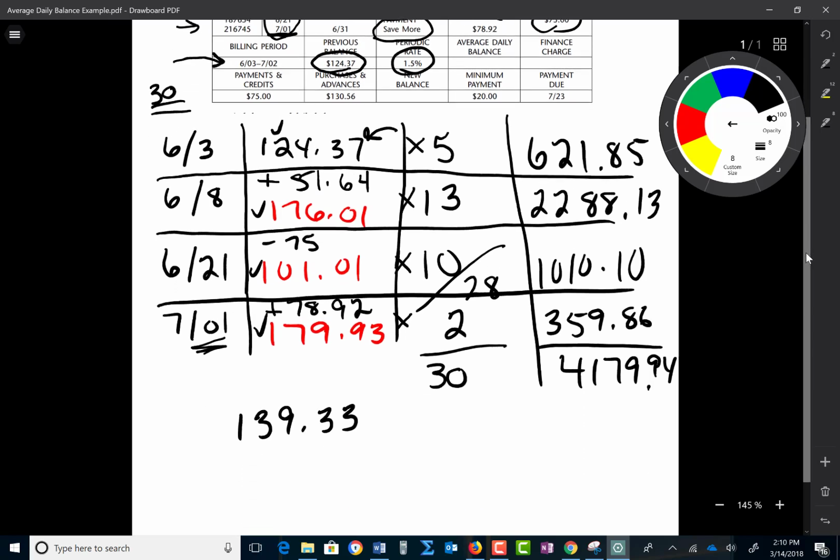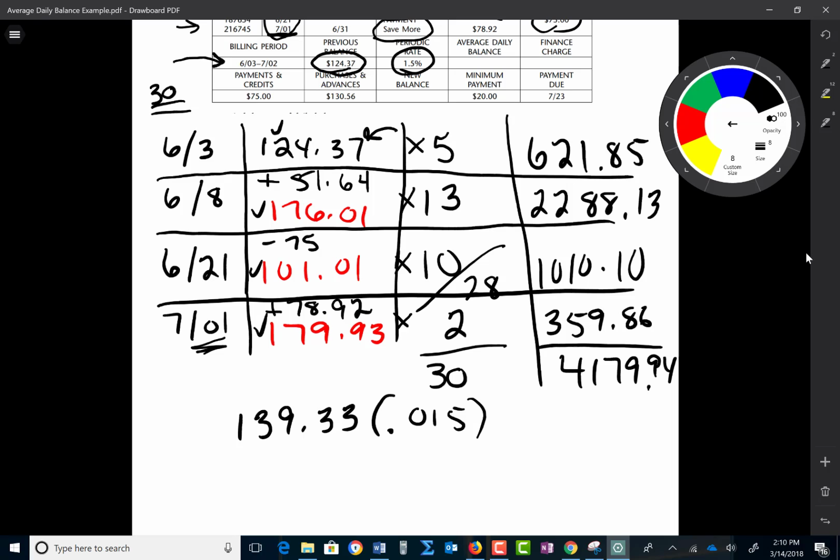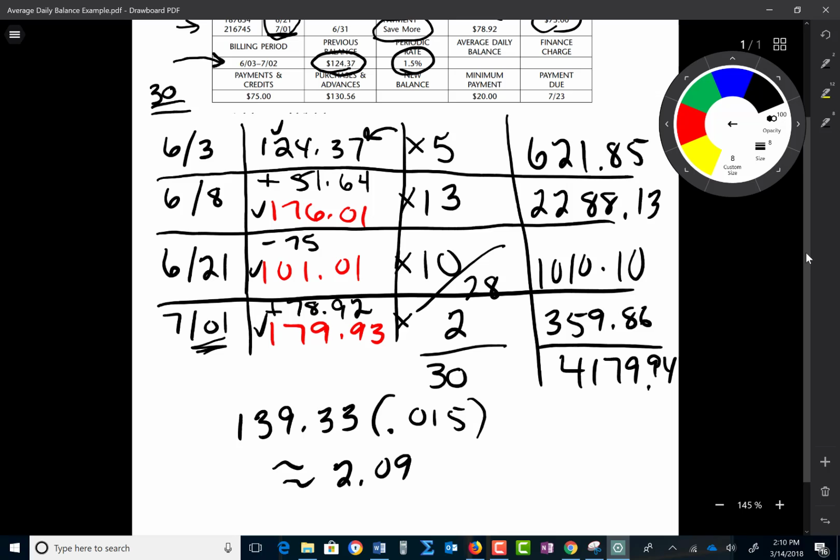So I would take that average daily balance and multiply it by 1.5%, which would be 0.015 because I moved my decimal 2 places. So 139.33 times 0.015 comes out to $2.09. That's my finance charge. So that's how much I'm going to be paying in a finance charge that month.